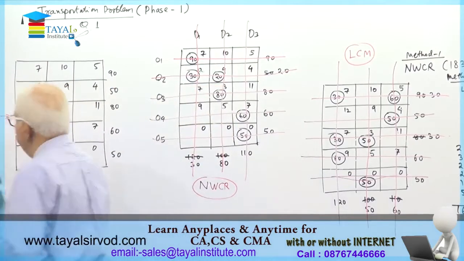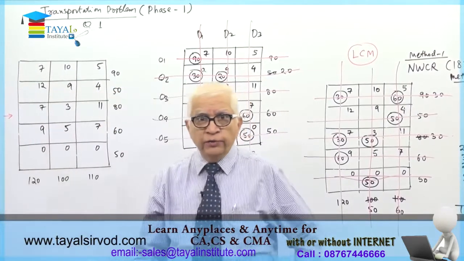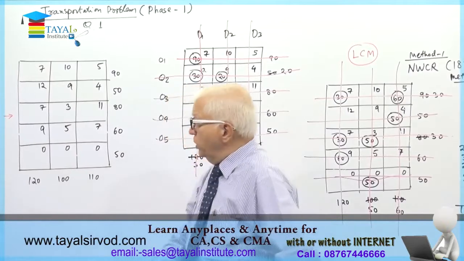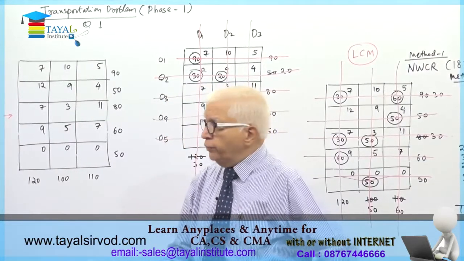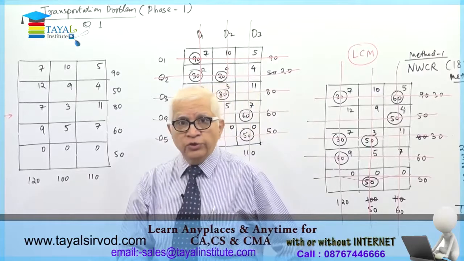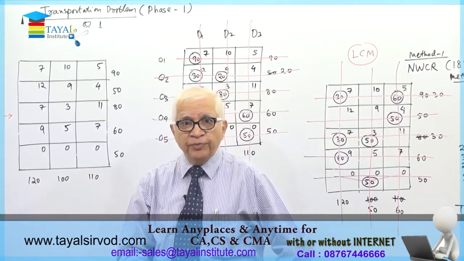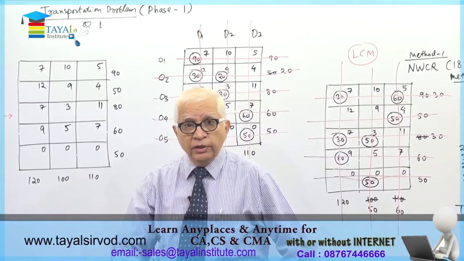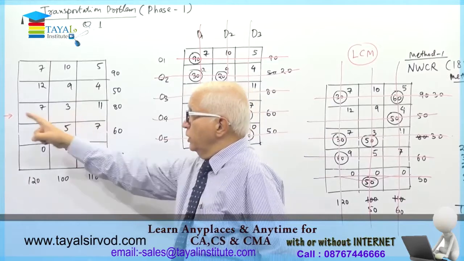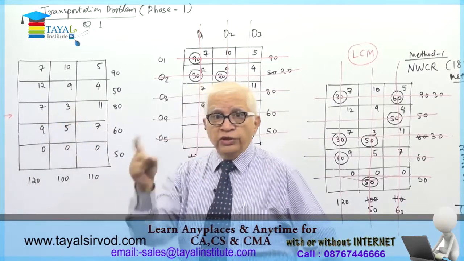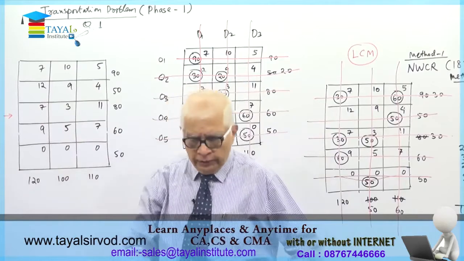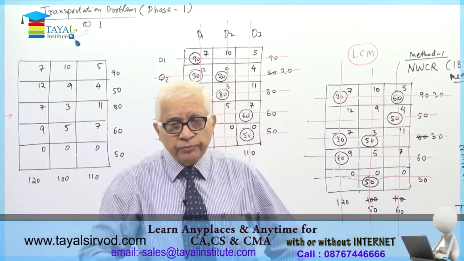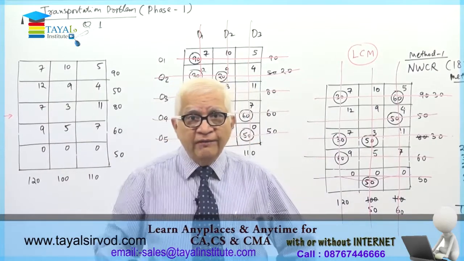But if for some reason you are not able to make the allocation there, the next best cost would be 7.